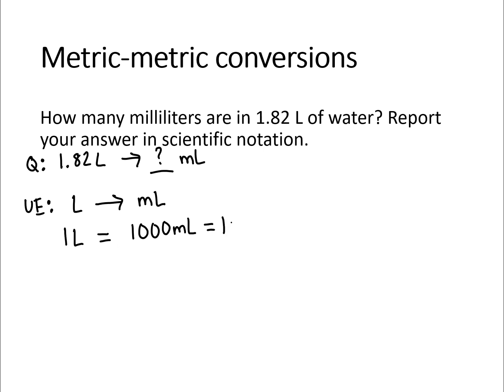That's the same thing as saying 1 times 10 to the third milliliters. Now, how do we get there? The liter is bigger than the milliliter. So we're going from a big unit to a small unit.